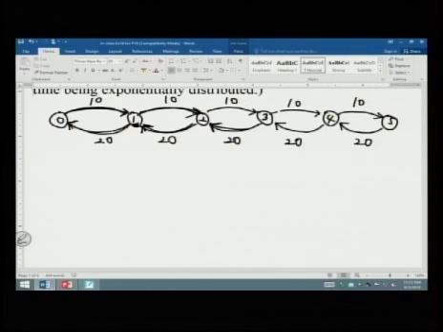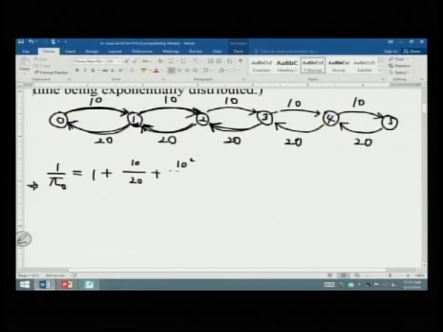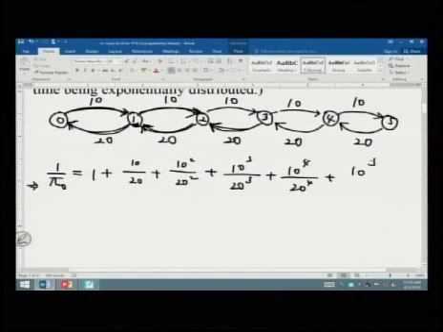So in that case, we can use the streamlined version of the formula, which is 10/20, right? And then 10 squared over 20 squared, 10 cubed, 20 cubed, 10 to the 4th power, 20 to the 4th power, right? 10 to the 5th power, 20 to the 5th power. Very simple.